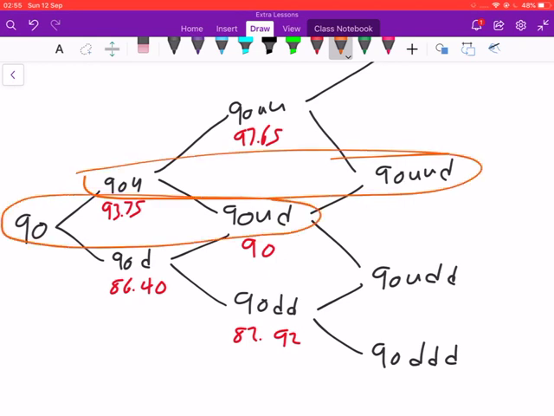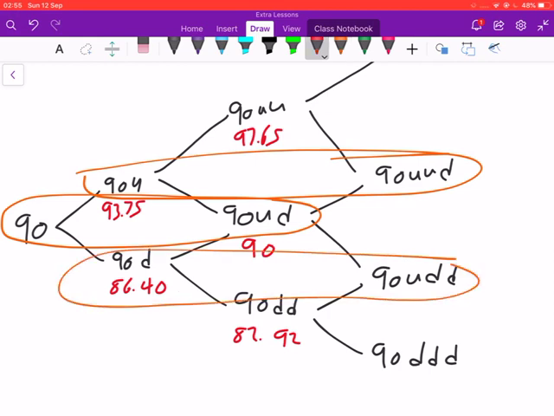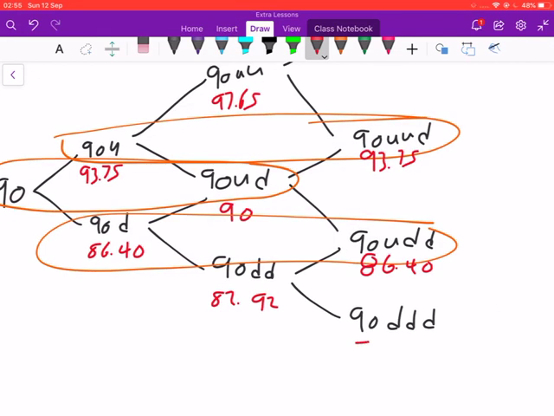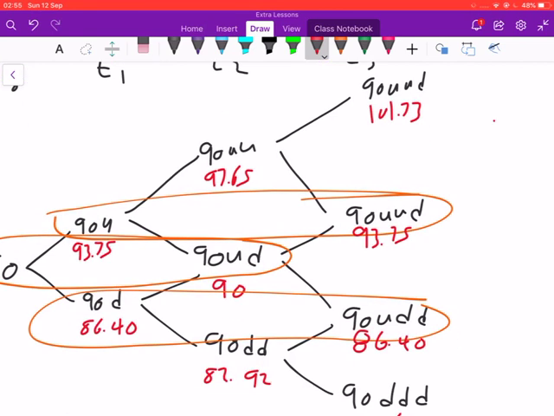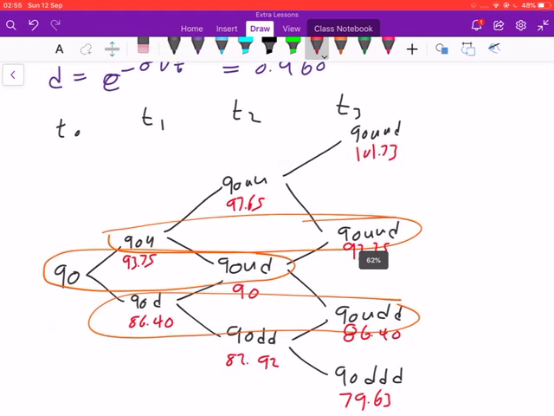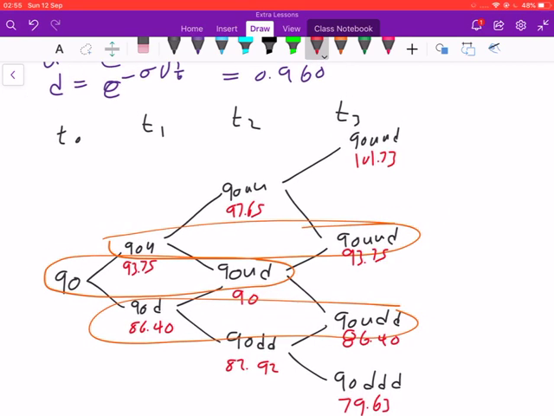So, meaning that the price is going to be 86.4 here, and 93.75 here. You are only left to find the last one. It's going to be 79.63 and 101.73. So these are the prices of your shares at each node.